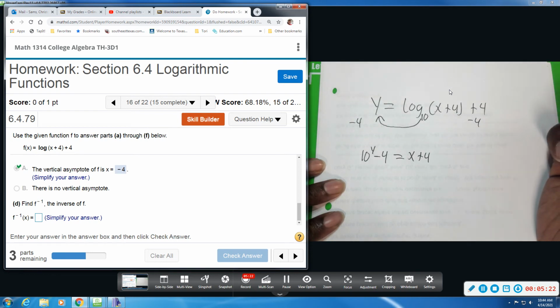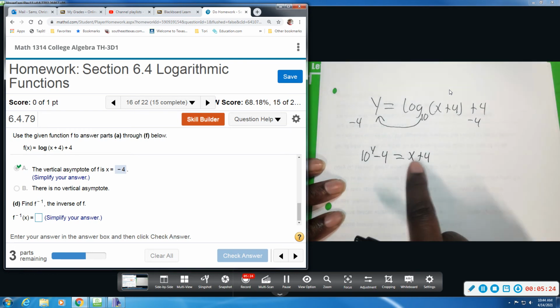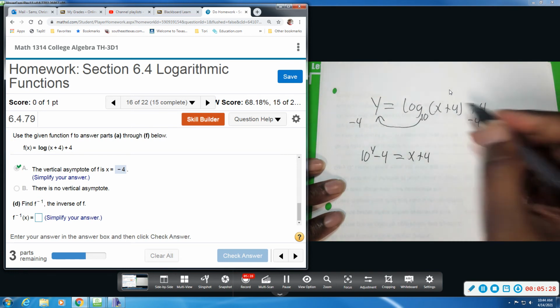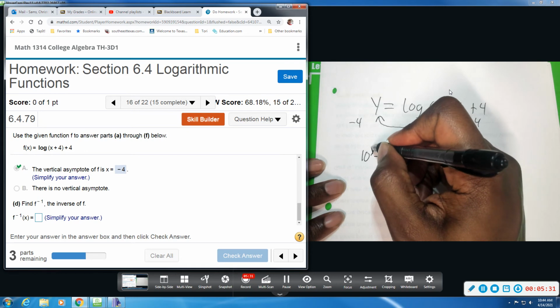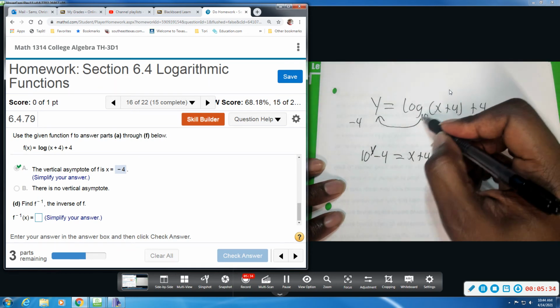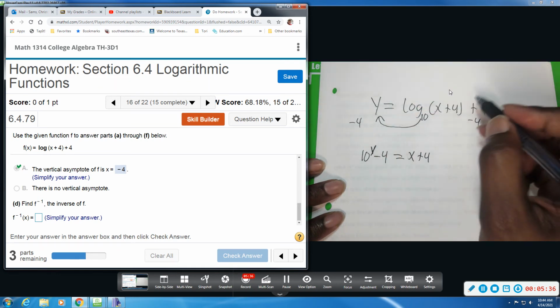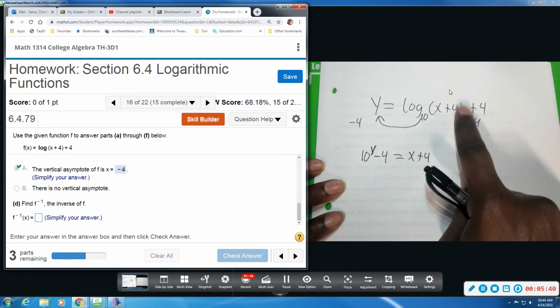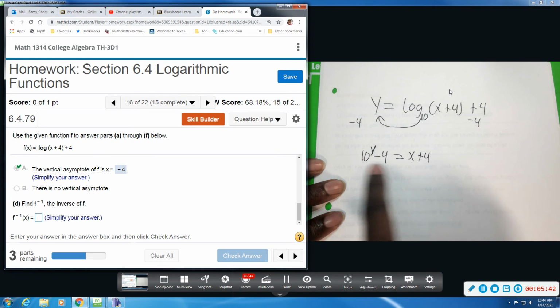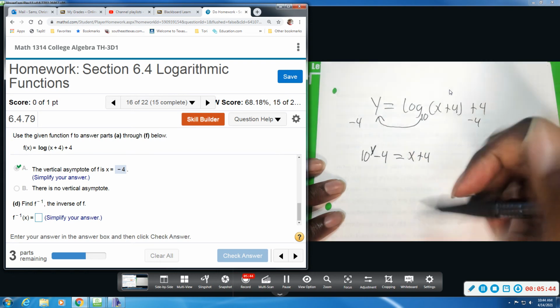And I'm not really sure if you could just subtract that 4 because that was in a different aspect of the equation. That raised to that power equals that. So it's different. I'm not sure how it works with that, but if I were to, I would probably put an 8 right there. But let's see.